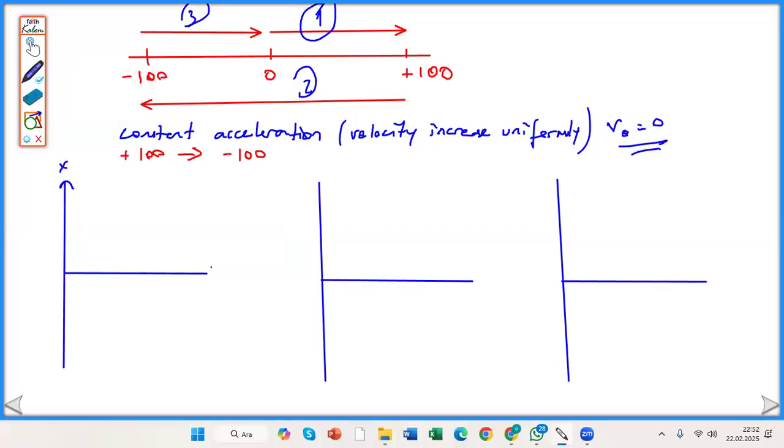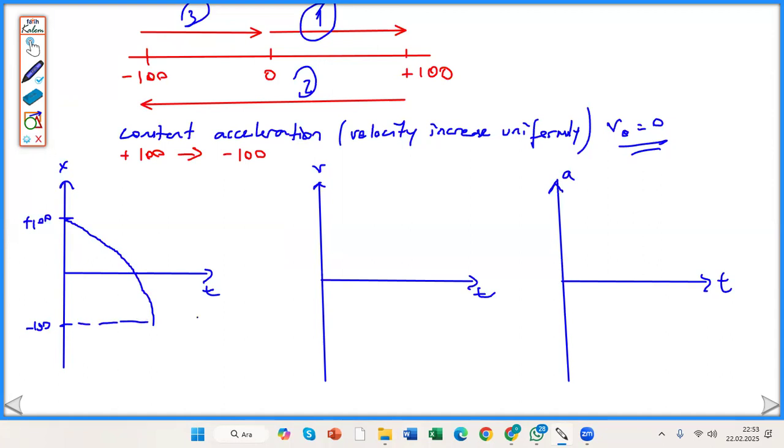Our first position is positive 100, and our last position is minus 100. Be careful, still it is increasing, and that's why its graph is like this.